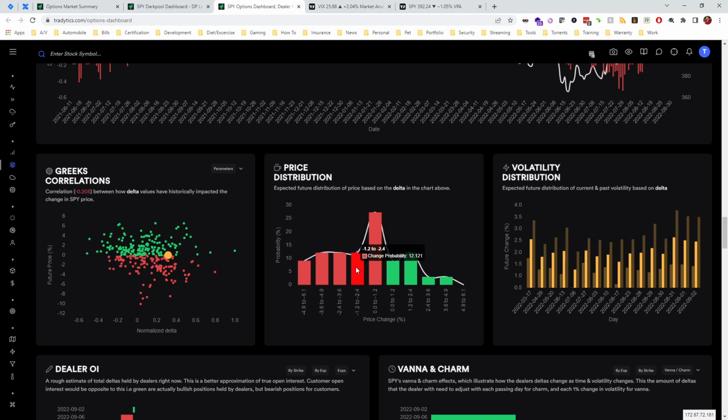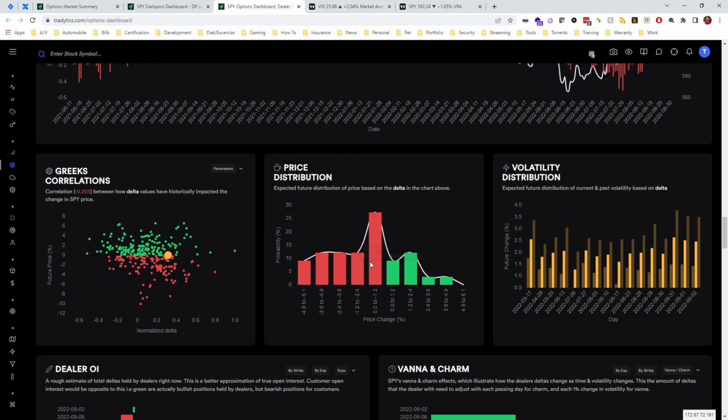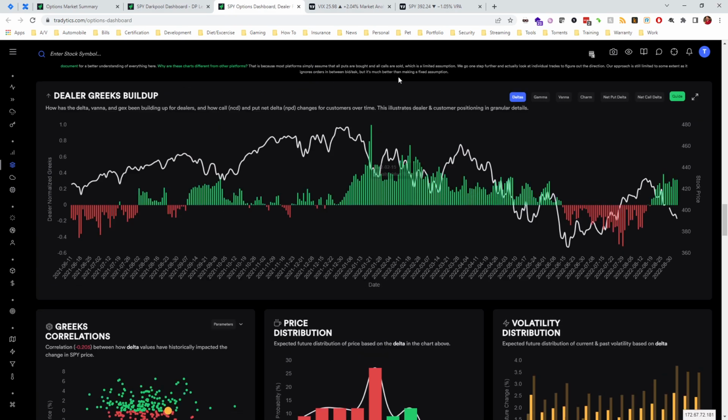If we hover over that, you can see that this 2.4% chance is pretty much equal for either negative or positive. And on the higher end of the spectrum, we might see as high as a 3.5% change over the course of the next 5 days. So again, this does seem to have more of a bearish skew, which is certainly in line with what we've been seeing in the markets.